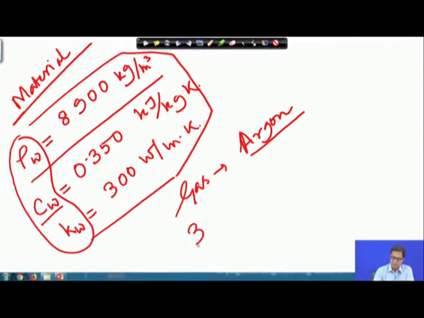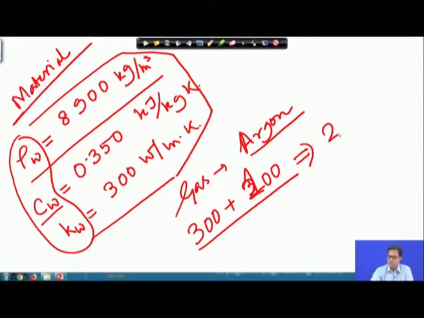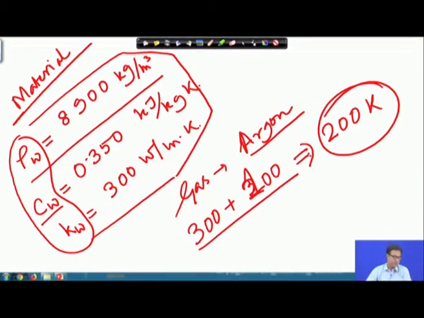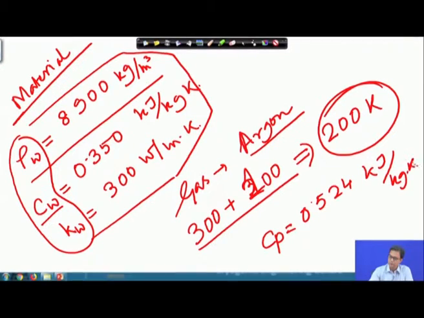Its inlet temperature was 300 for the hot and 100 for the cold stream, so it is at an average temperature of 200 Kelvin. We will try to estimate its property, and the Cp corresponding to this value is 0.524 kilojoule per kg Kelvin. That is the Cp value of this argon gas.